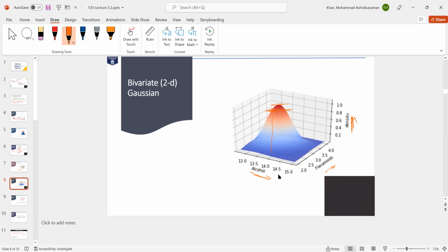We draw in the base, and then we get a plot like this. That's called contour plot.